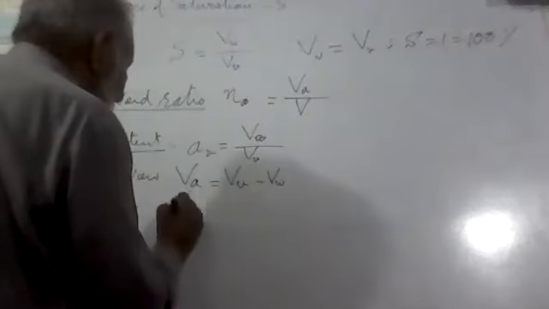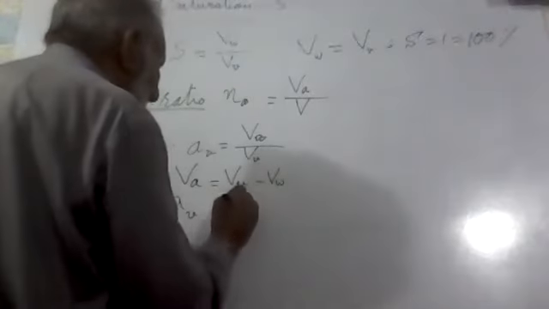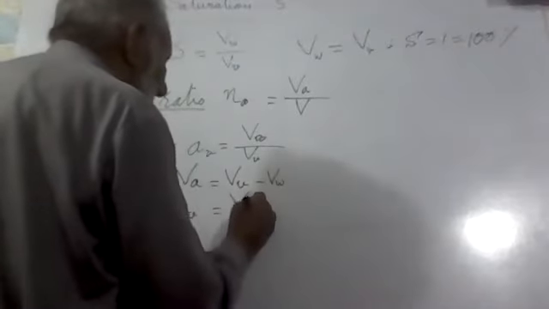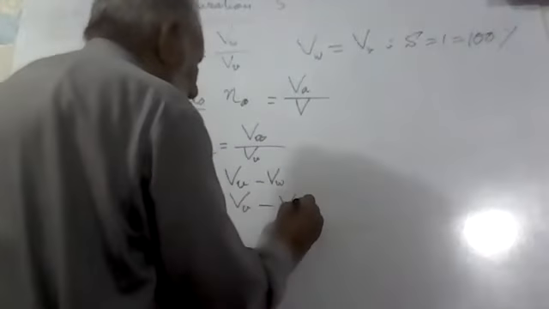Therefore, ac is equal to Vv minus Vw divided by Vv.